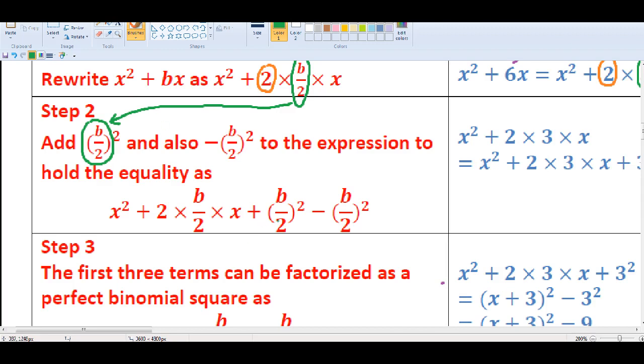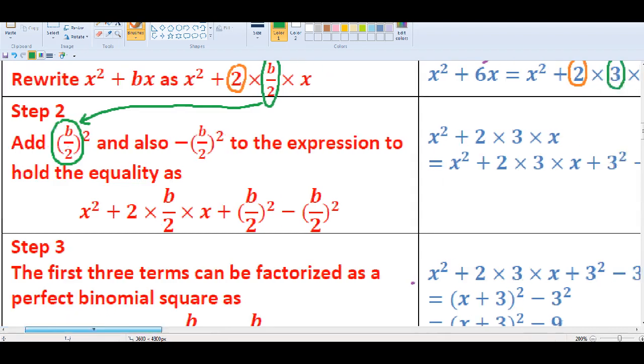But then, out of nothing, you add a bracket b over 2 squared. Since that's out of nothing, it should not be here, otherwise they are no longer equal to the previous expression, so you need to take it away. Just like in any equation, if you add something and don't want to change the equation, you need to take it away.